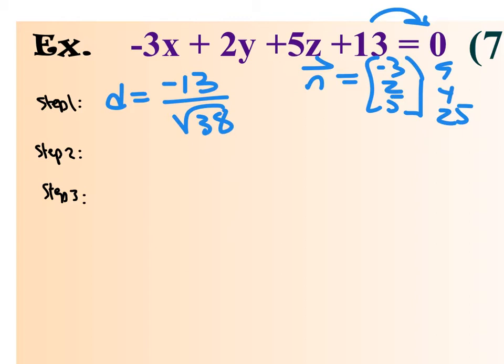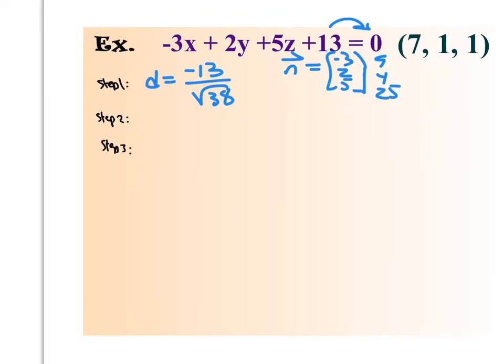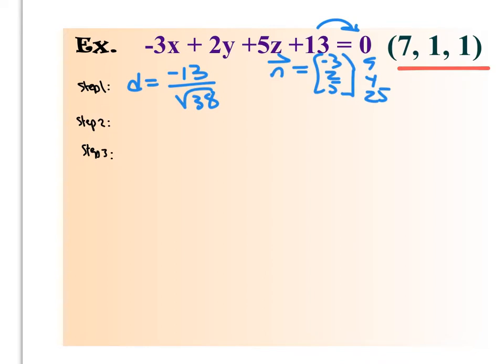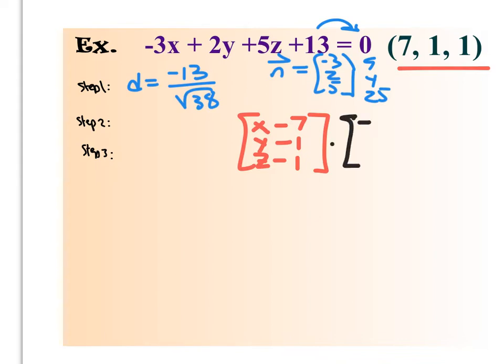Okay, the second would be to create a plane using this point and then do the same thing. So what I would do is I'd take (x, y, z) minus (7, 1, 1) dotted with the normal. We know our normal is going to be the same. I want to create a plane that's parallel, set it equal to 0.